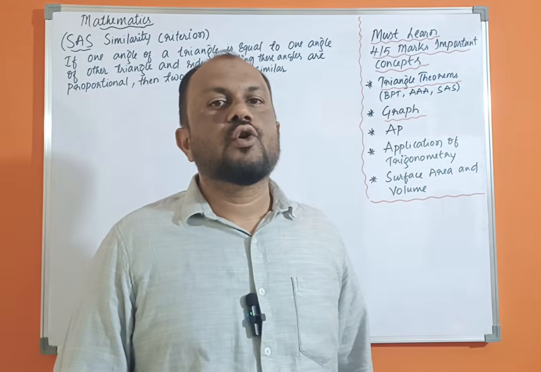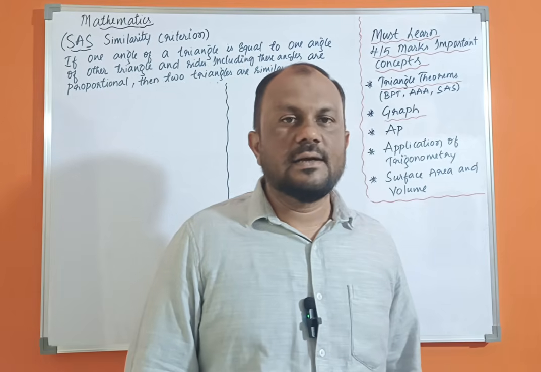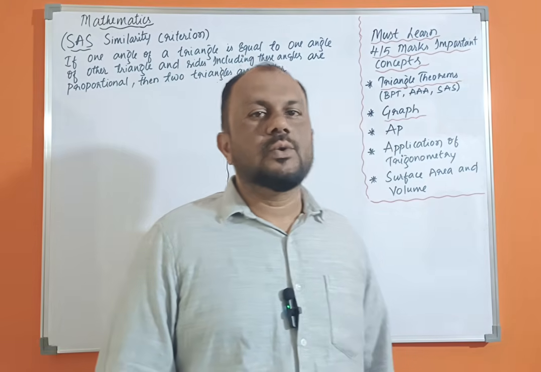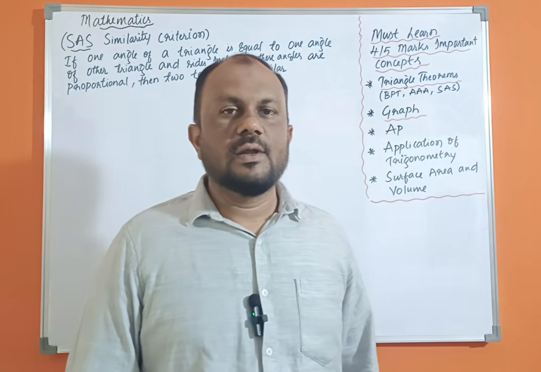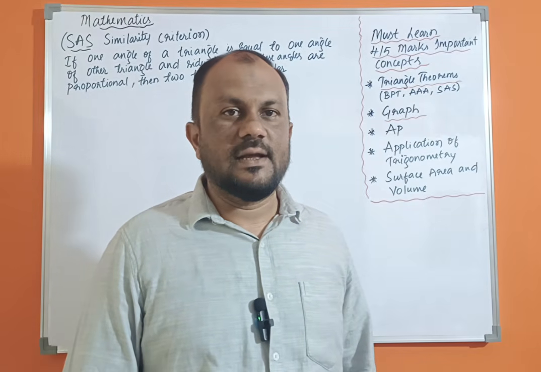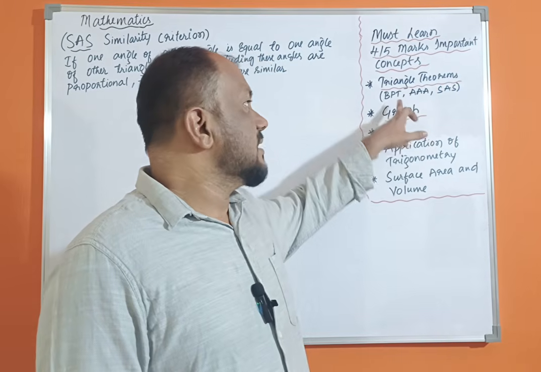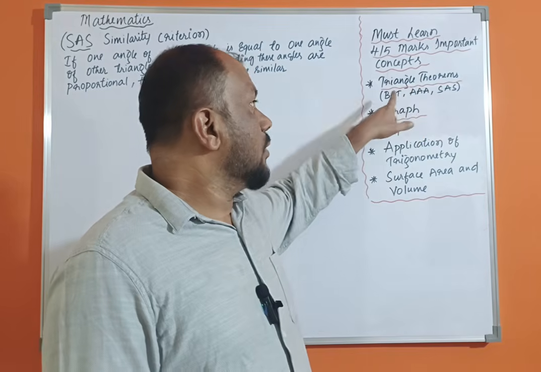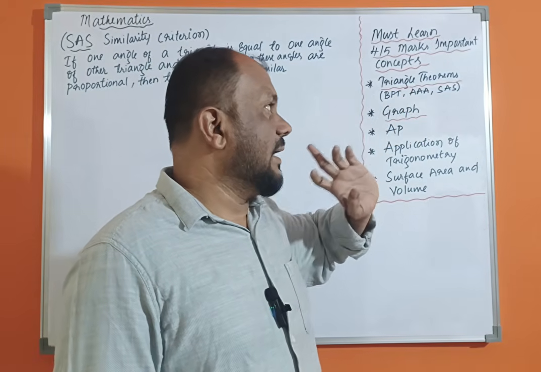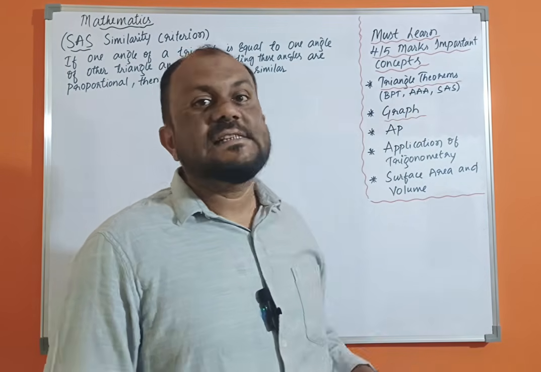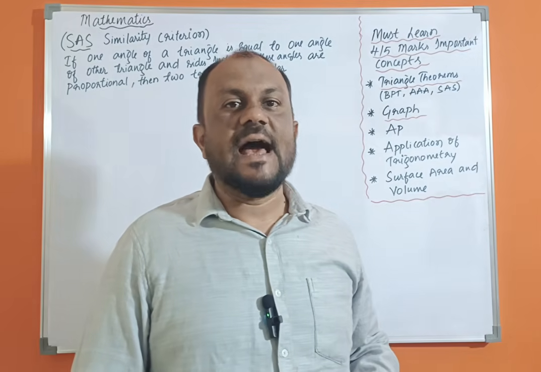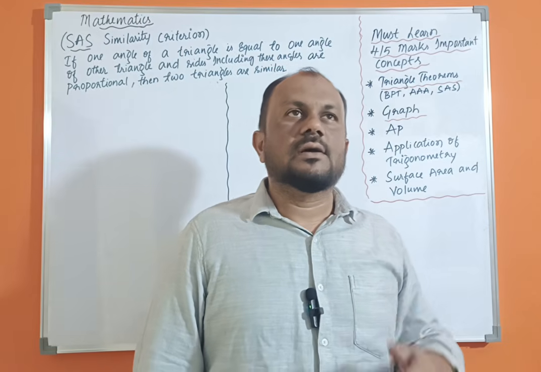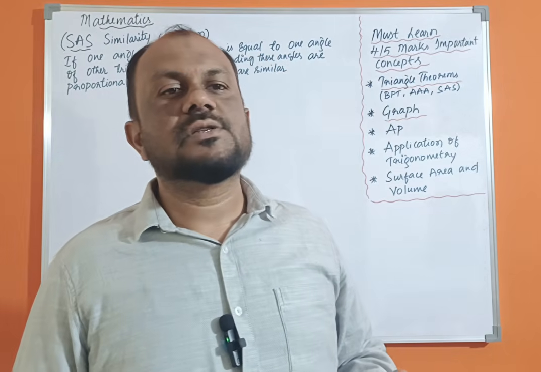There are 4 theorems we are learning in 10th standard. But normally, if you see the previous year question papers, you get only the basic proportionality theorem and after that a similarity criterion. Your teachers are asking you to practice these regularly. I hope you know BPT and AAA, and I am going to teach SAS, the side angle side similarity criterion, because options will be given in the theorem question.